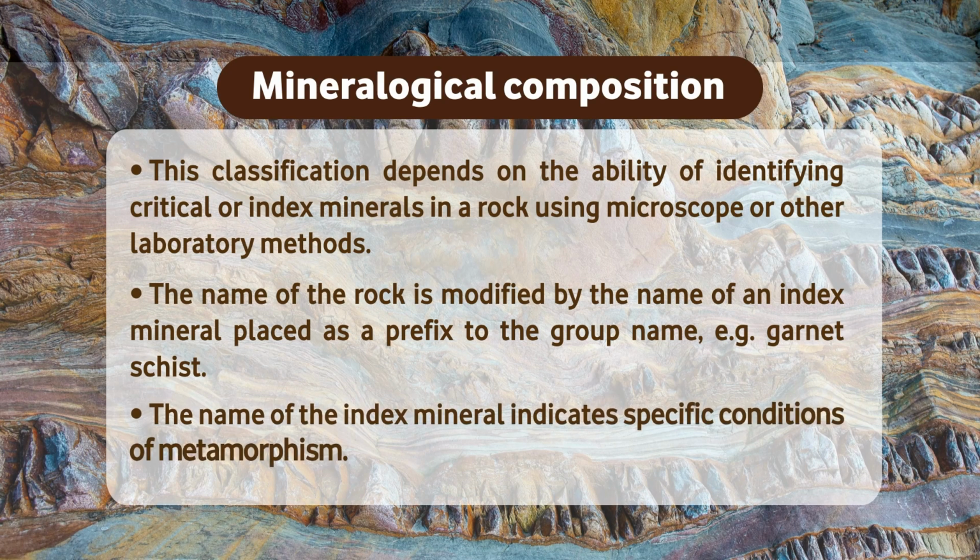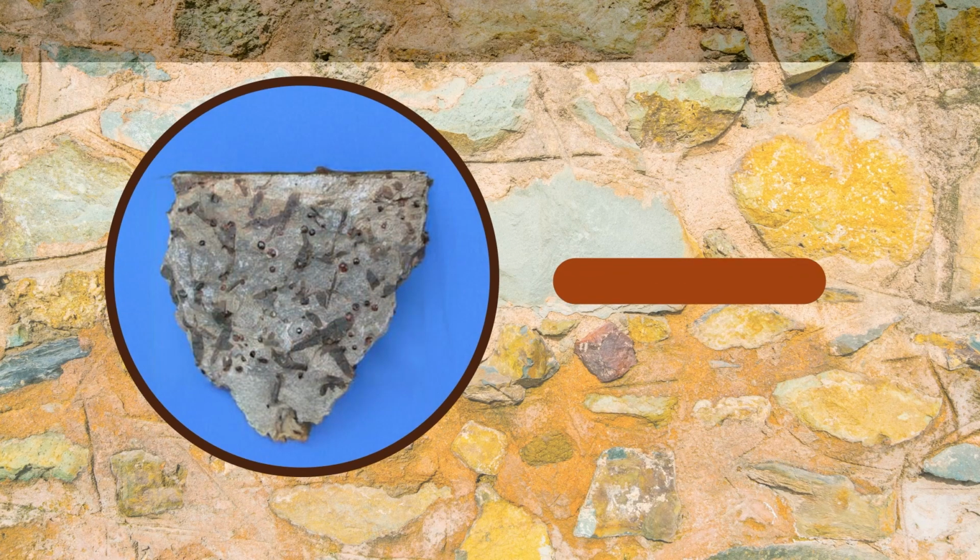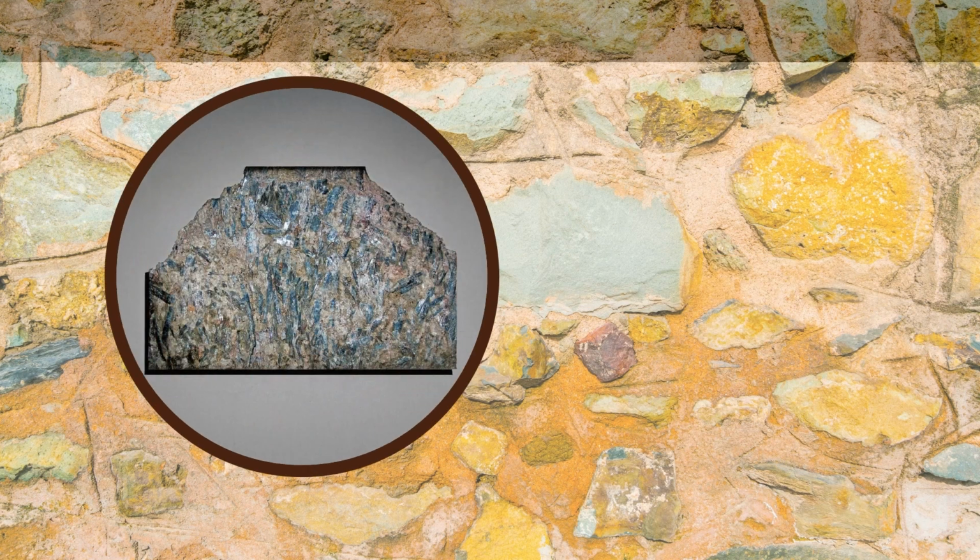There are many index minerals in the context of metamorphic petrology. Actually, index minerals are those minerals which indicate specific conditions of metamorphism. For instance, I can have kyanite as an index mineral, sillimanite as an index mineral, staurolite as an index mineral. If I have a staurolite bearing schist, I will call that a staurolite schist.